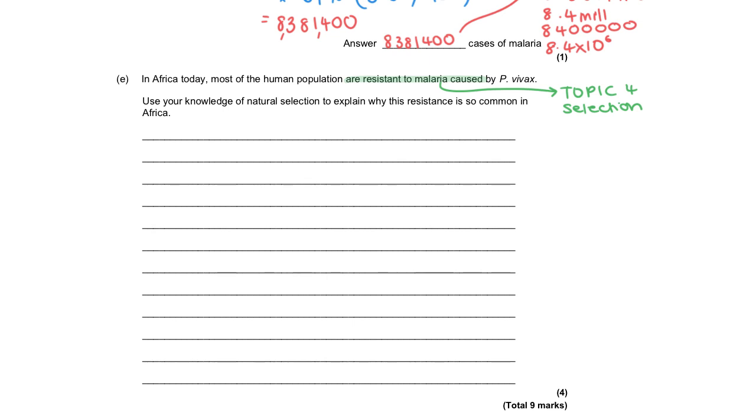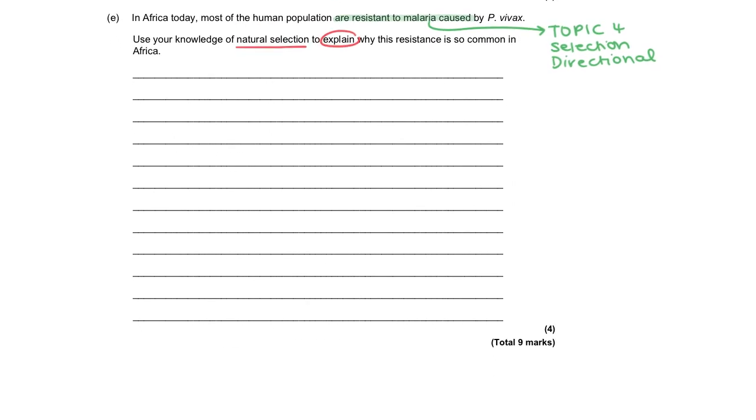And the kind of selection that resistance is, is directional selection. So we're tending to keep the extremes, the individuals that are able to resist malaria. Use your knowledge of natural selection to explain, give reasons for why this resistance is so common in Africa.